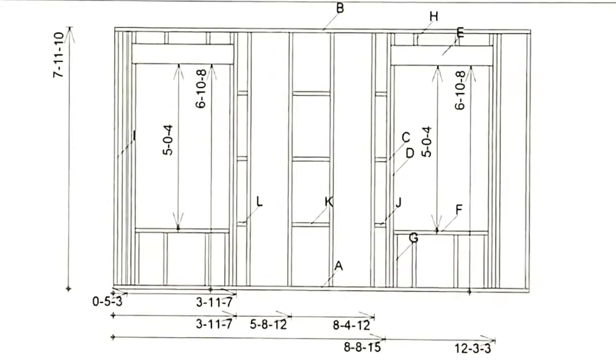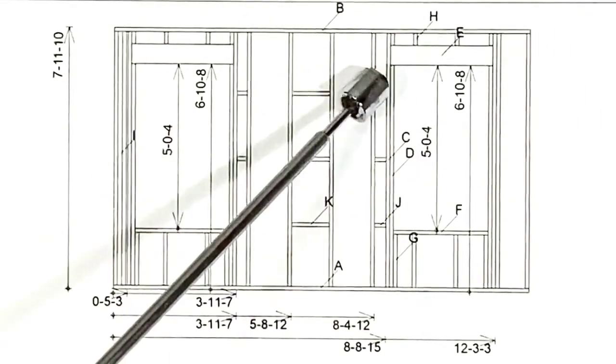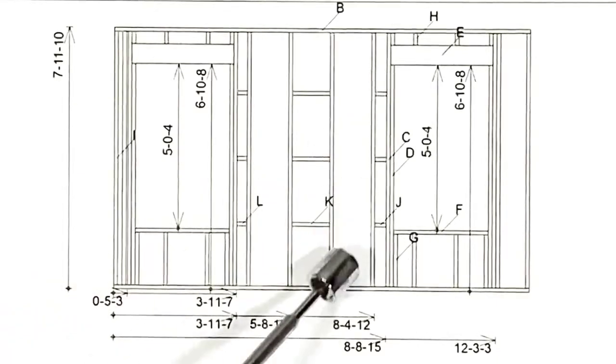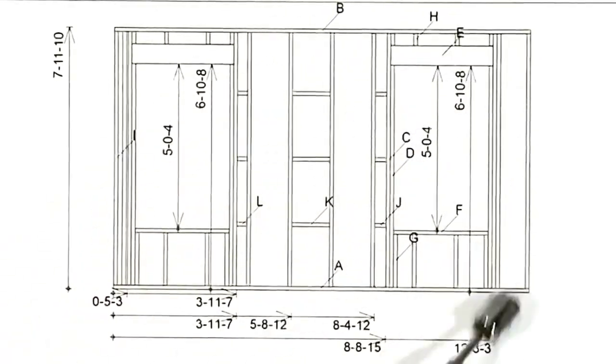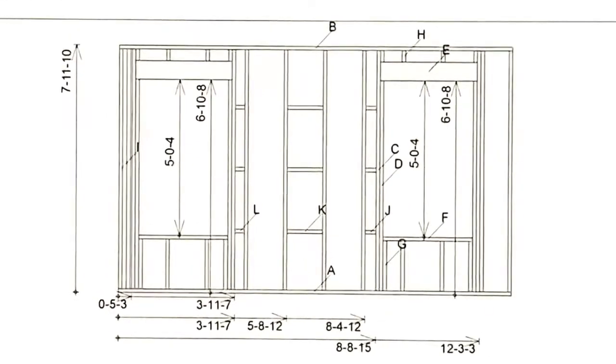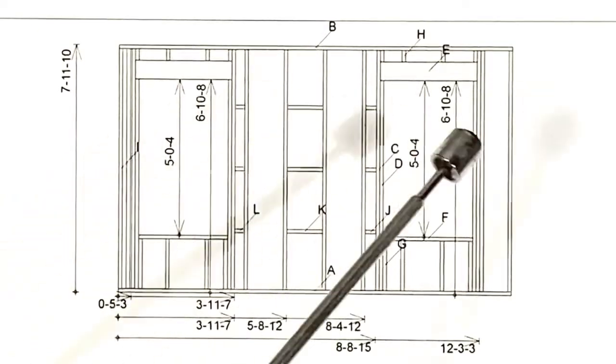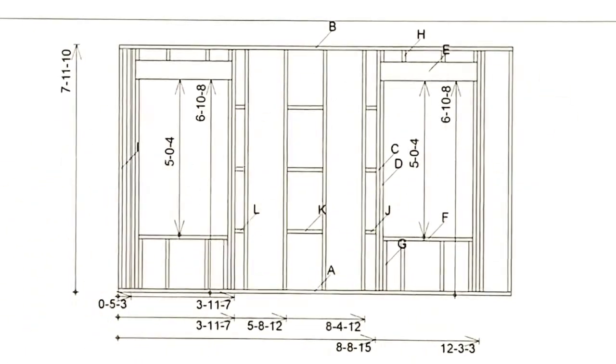It goes up and supports the header. Right next to the jack stud, you'll see another length of lumber which does go all the way up from the bottom plate to the top plate, and that is called the king stud. Also, please note the lengths of various pieces of framing lumber in this diagram or drawing.